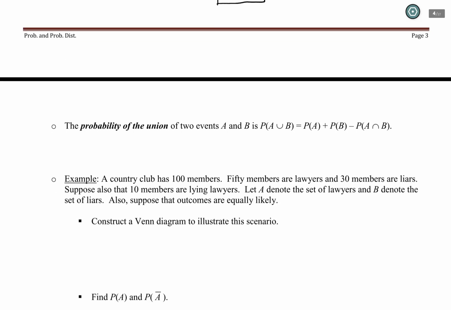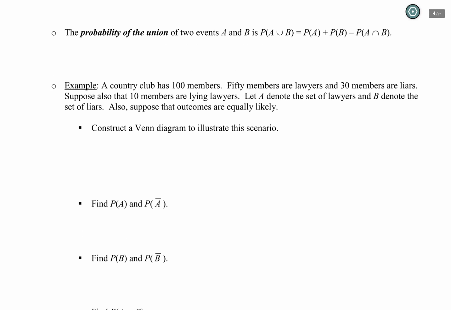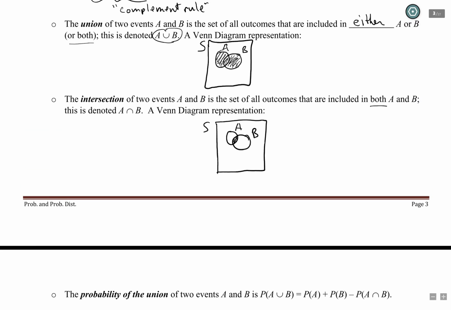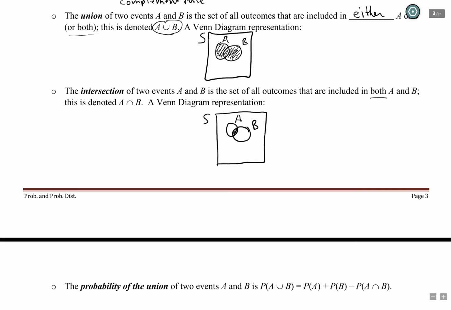Moving along here, the probability of the union of two events, so playing off of this definition of union of events, is the probability of A union B is the probability of A plus the probability of B minus the probability of A intersect B. And that makes sense. If you look at this Venn diagram here, and just in terms of shading, if that was representing probability, the probability of A union B, you could get to that by adding the shaded area of A and the shaded area of B, but you've double counted the intersection in there, and so we're going to subtract off for it.